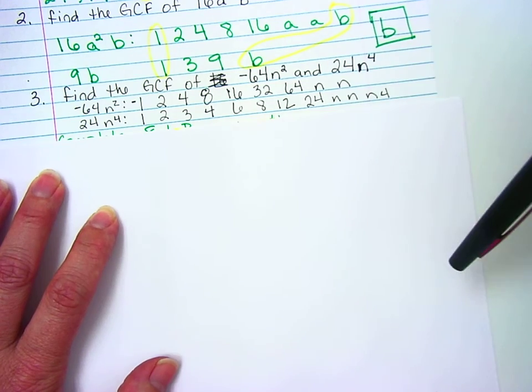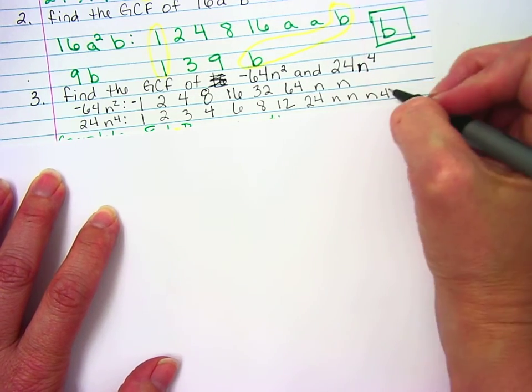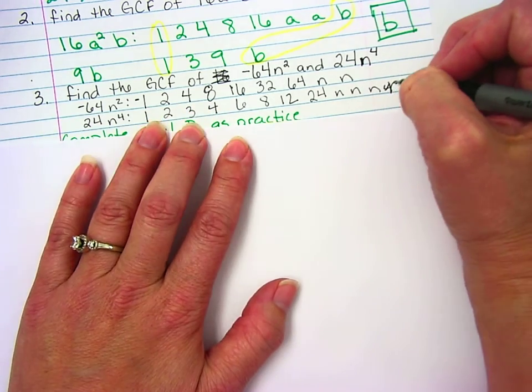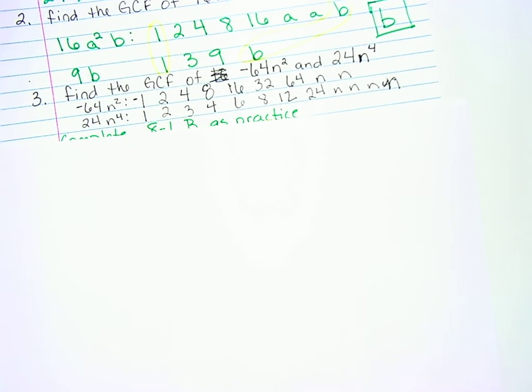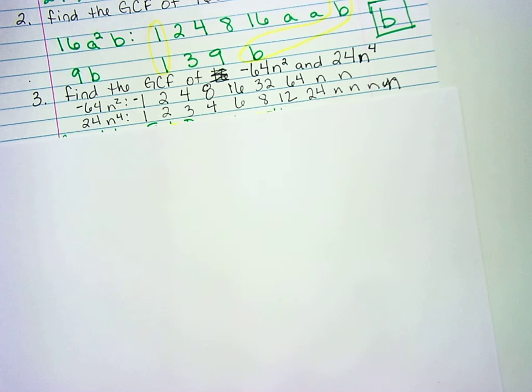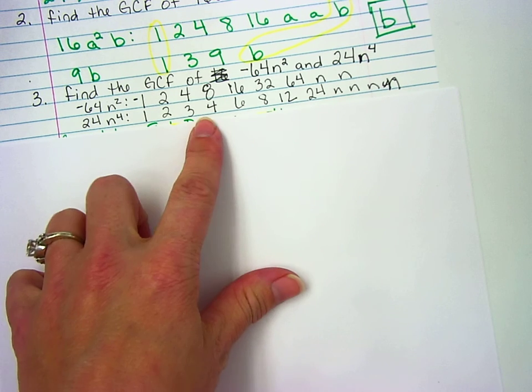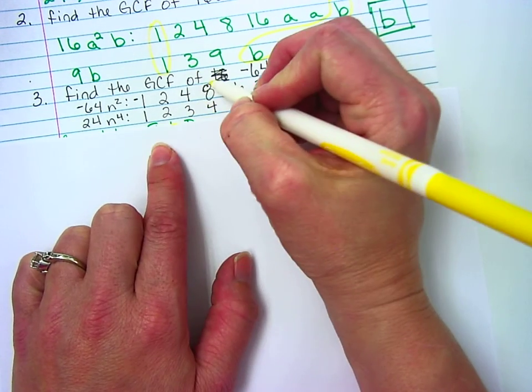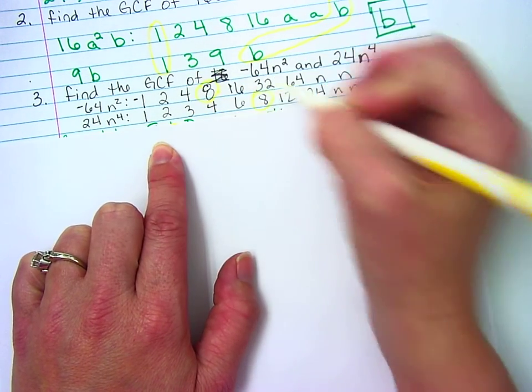Alright, so I'm going to circle what we have in common. The greatest numerical factor that they have in common would be, it looks like to me, 8. So I have 8 and 8.